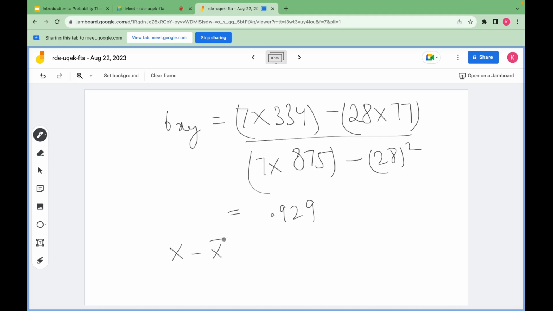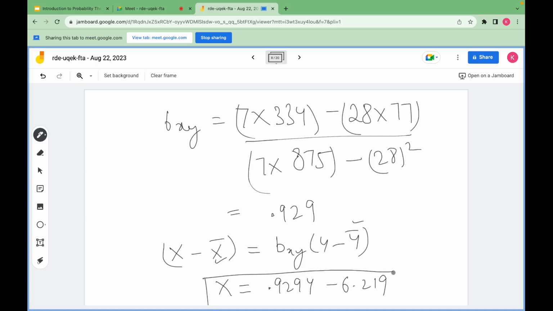Now x minus x bar is equal to bxy into y minus y bar. On putting the x bar and y bar values, we will get the equation of the regression line. So this will be x equal to 0.929 y minus 6.219. This is the regression line when x is the dependent variable.